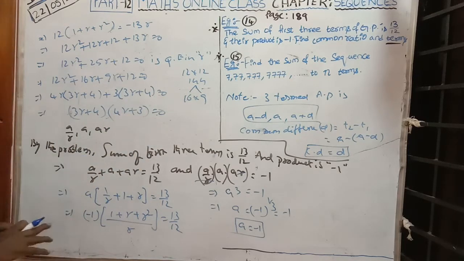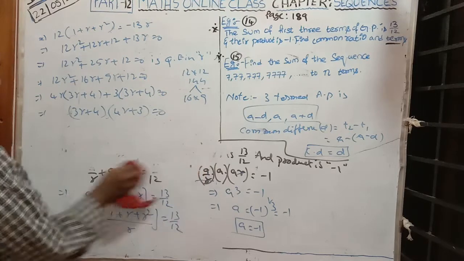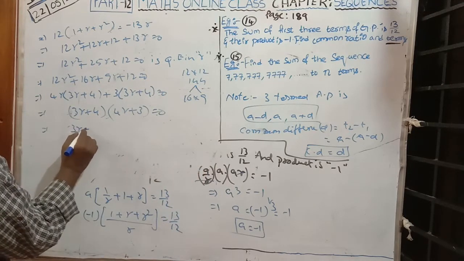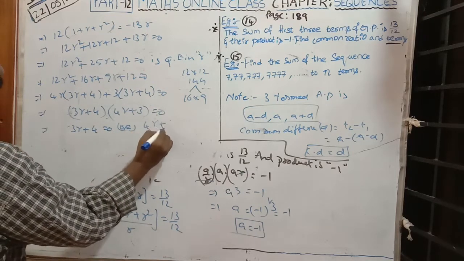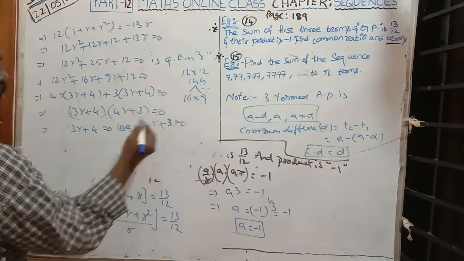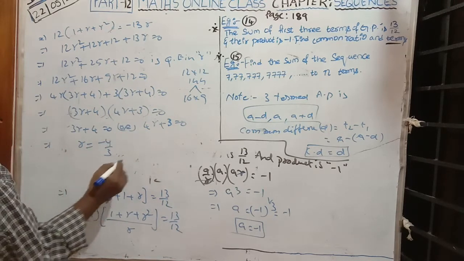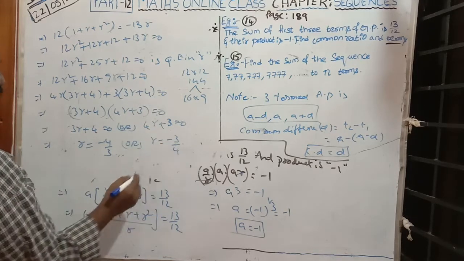Now there are two factors: 3R plus 4 is equal to 0 or 4R plus 3 is equal to 0. So R is equal to minus 4 by 3, or R is equal to minus 3 by 4.